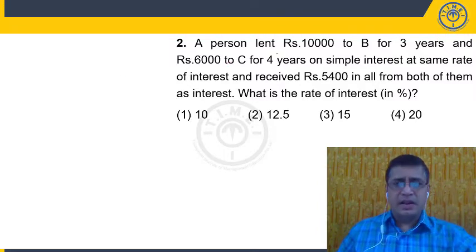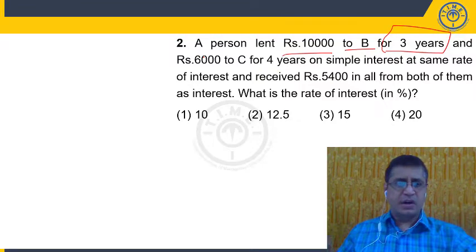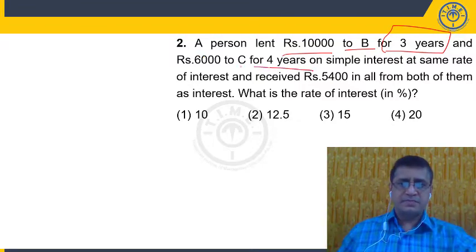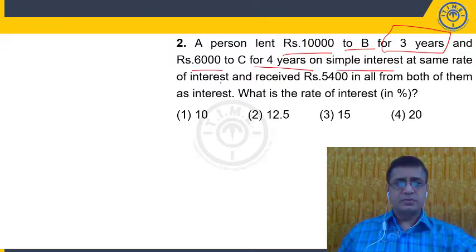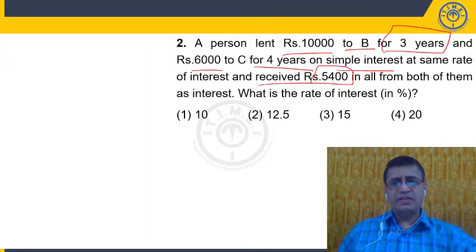A person lent rupees 10,000 to B for 3 years and rupees 6,000 to C for 4 years on simple interest at the same rate of interest, and received rupees 5,400 in all from both of them as interest. What is the rate of interest in percent?